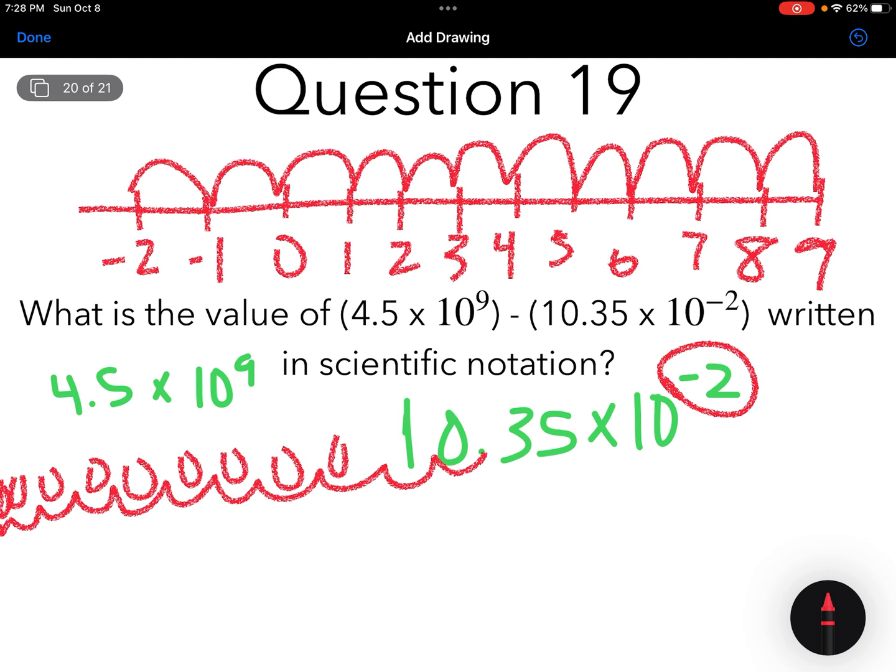Okay, so then I subtract my multipliers. So I've got 4.5 minus, 1, 2, 3, 4, 5, 6, 7, 8, 9 zeros, 1, 0, 3, 5. Whew. And I get a crazy number.